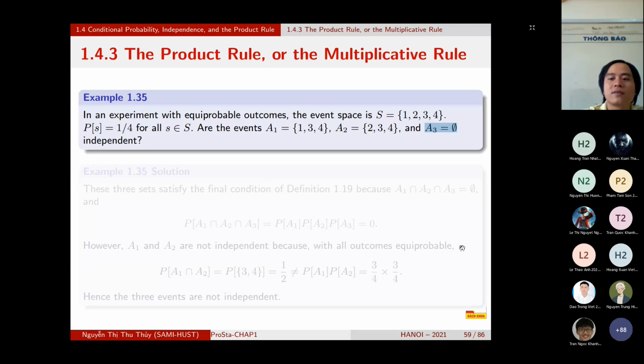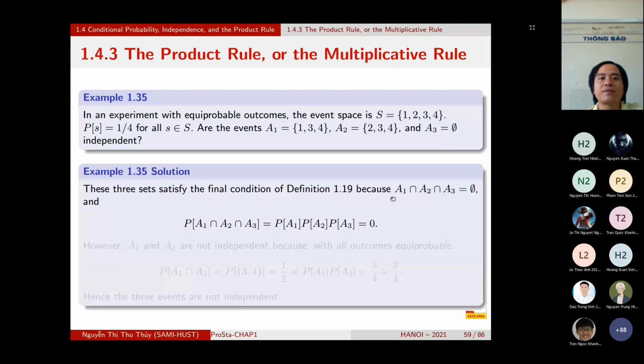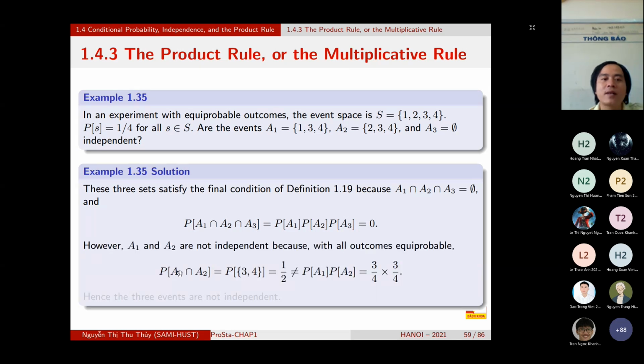So we consider 4 conditions. For the pair A1 and A2, the common part of A1 and A2 is 3, 4, so P(A1 and A2) is 1 over 2.